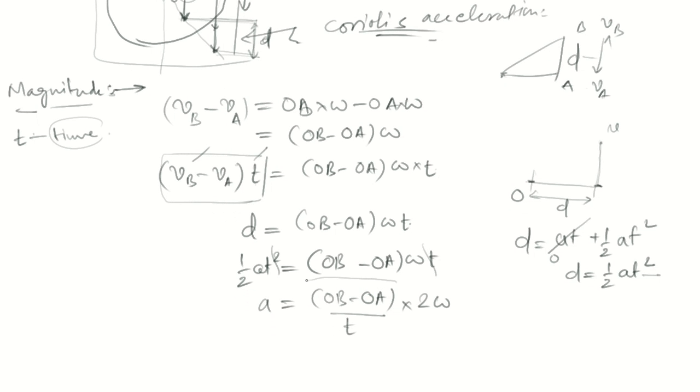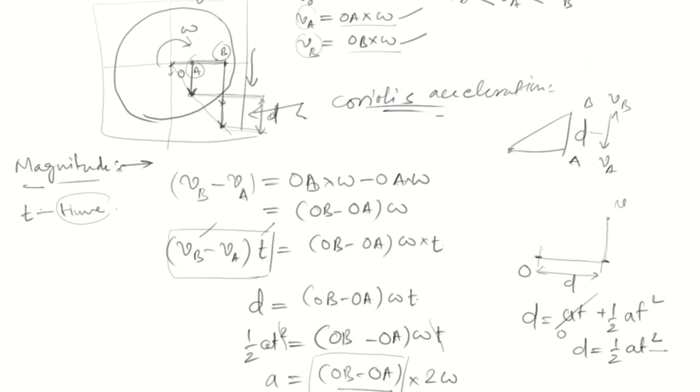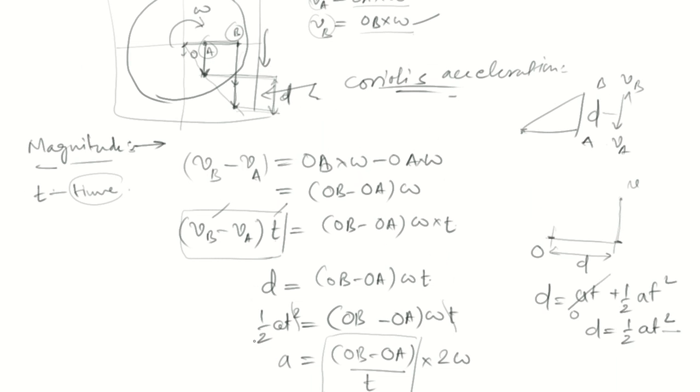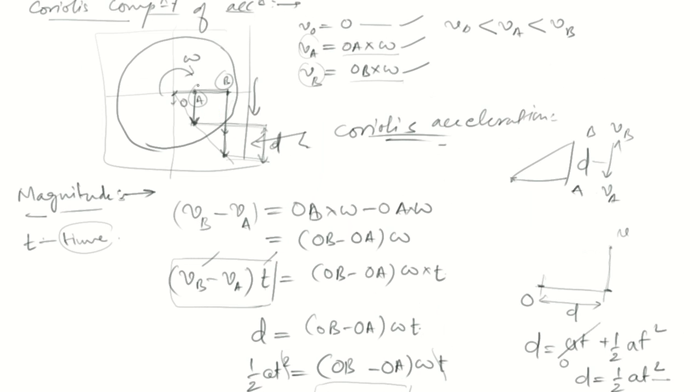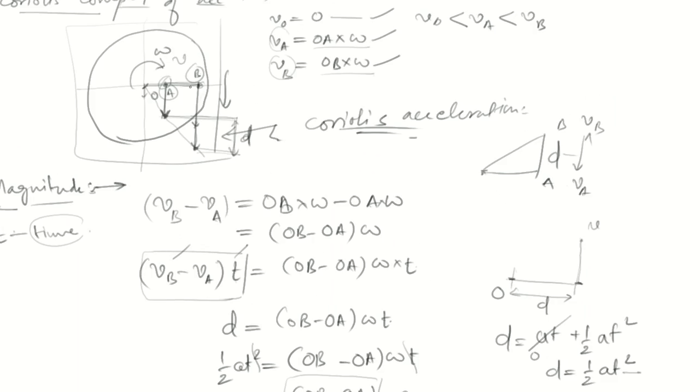Now just understand this: what is OB minus OA upon t? OB minus OA can be directly written as AB, so a is equal to AB upon t into 2 omega. If we consider that the object was moving from point A to B with a fixed velocity v, then that velocity is given by the distance traveled upon the time taken.